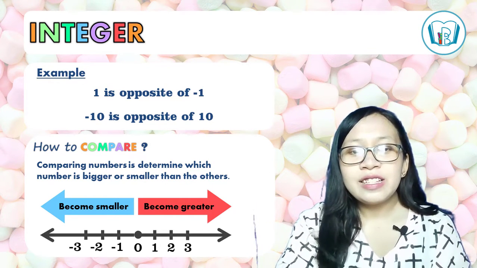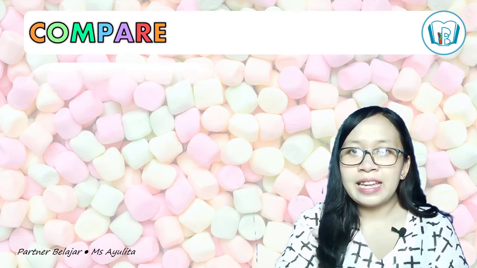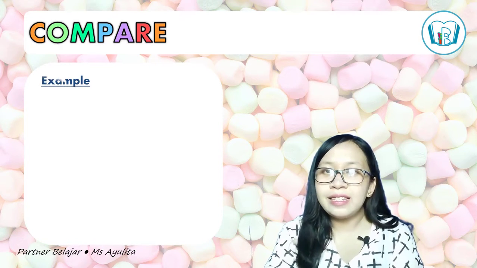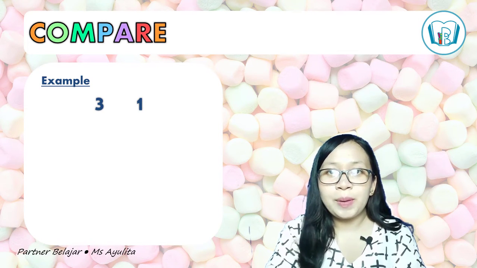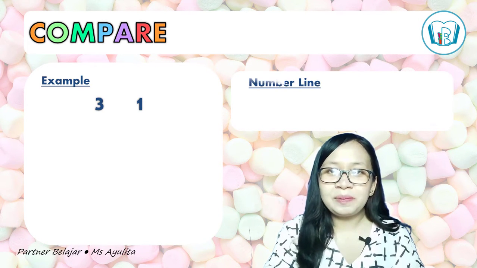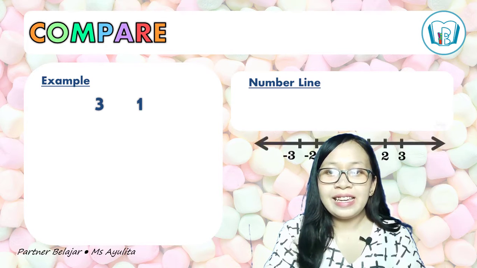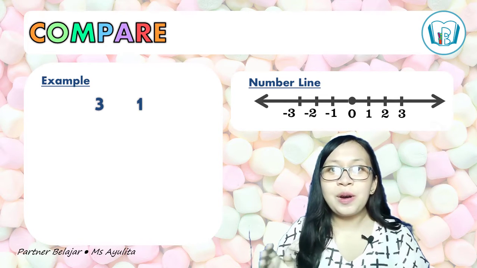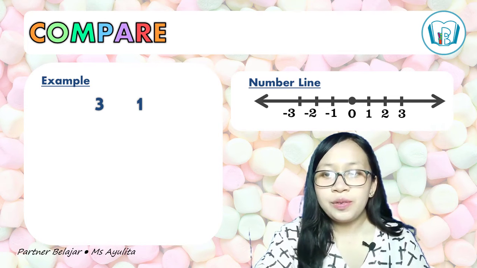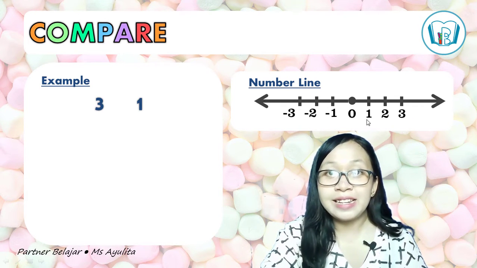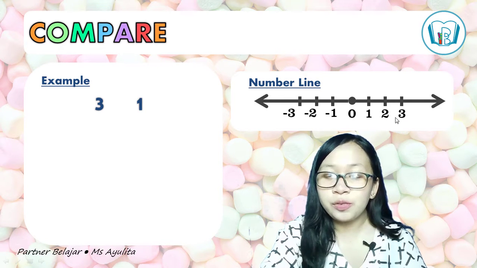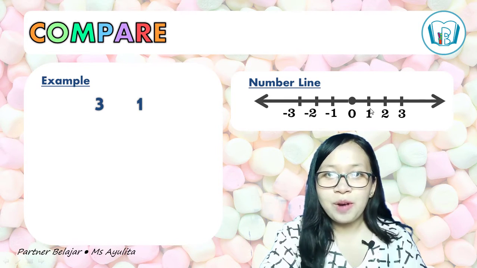Okay, so let's see the examples to make it easier. 3 and 1. Remember, we need the number line. And see, where is 3? So we can see here, 3 is on the right side of 1 in the number line. The position of 3 is on the right side of 1.